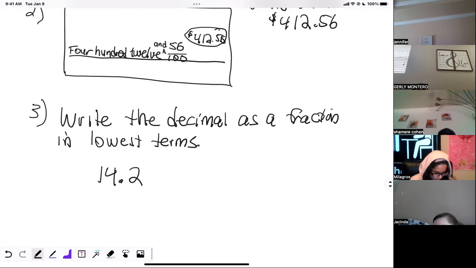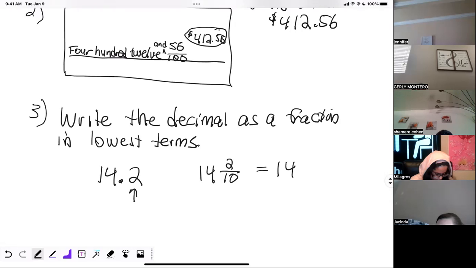All right, so 14.2 is 14, and this is in the 10th spot, right? 2/10. But I can simplify that fraction. I can divide both of them by 2. It'd be 14 and 1/5.